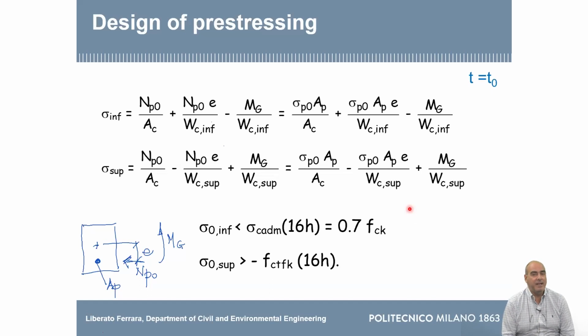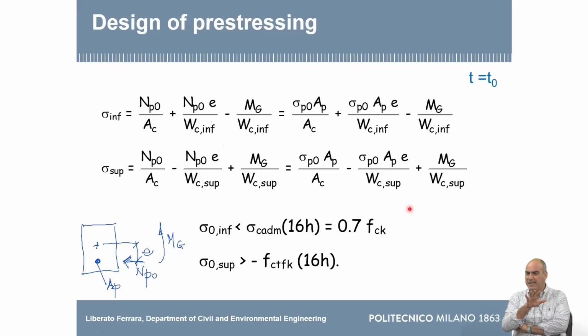What kind of limit are we going to set for the tensile stress? The tensile stress is at the top. Well, for the tensile stress at the top, we can say, okay, I don't want the structure to crack. So I set as a limit the flexural tensile strength of the material at 16 hours.